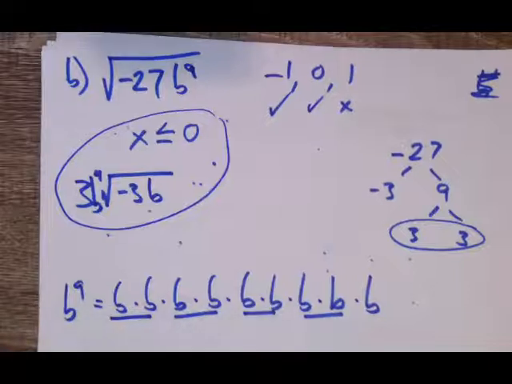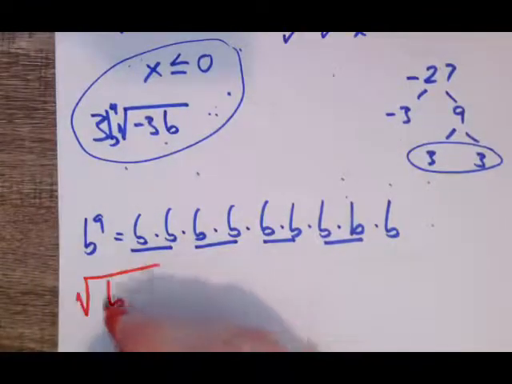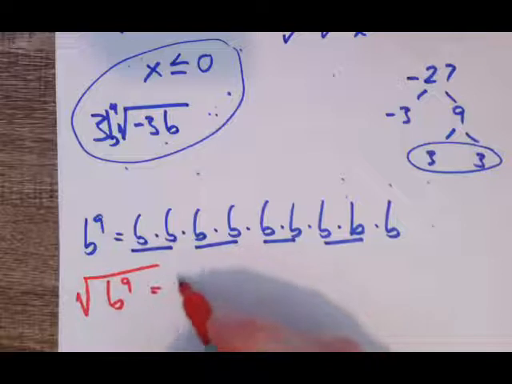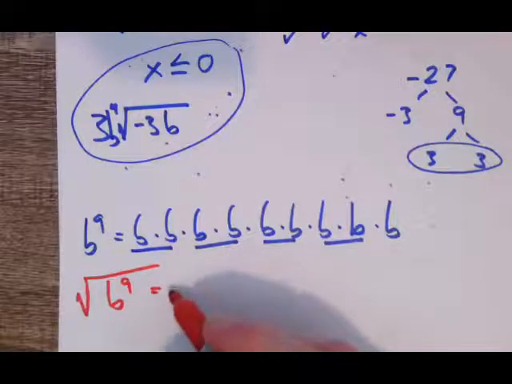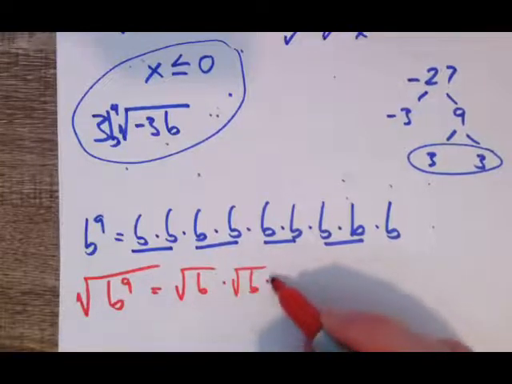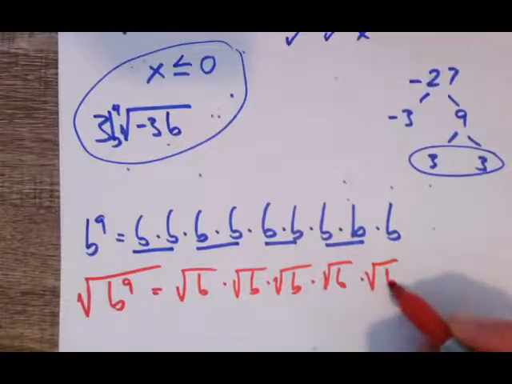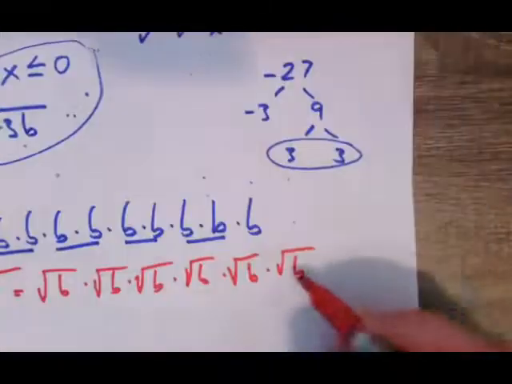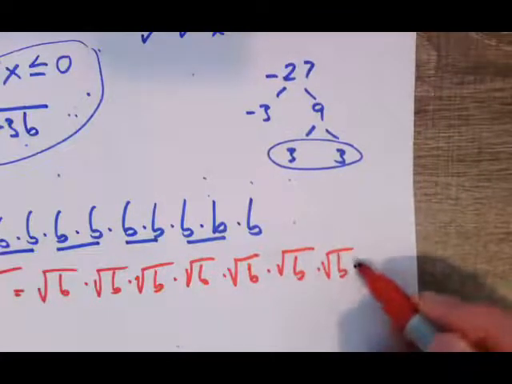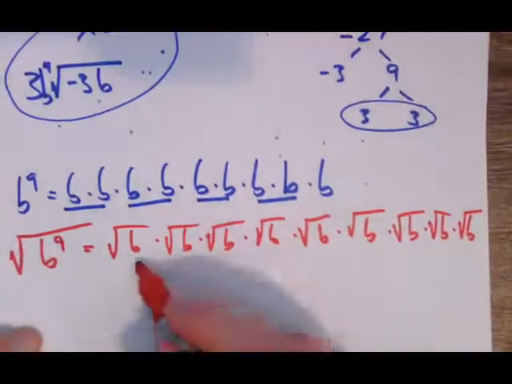Okay. For those of you that want me to show just a little bit more about this, the root of b to the 9 equals b times b times, 3, 4, 5, 6, 7, 8, 9. Whew, made it. Okay, so now let's pull them together in pairs.